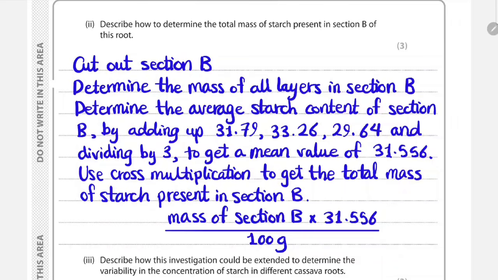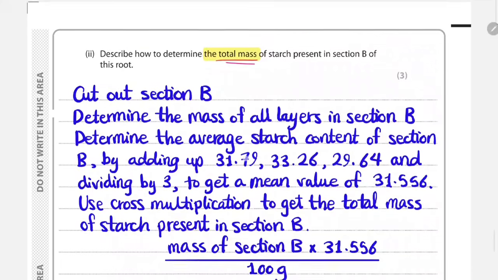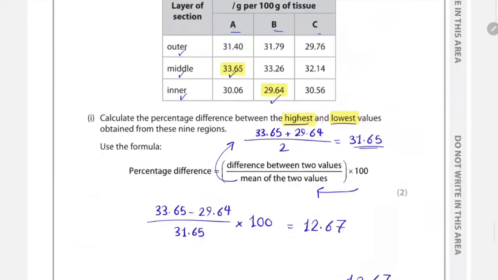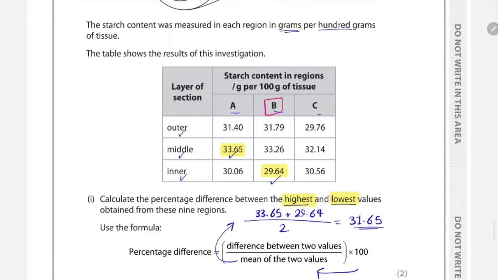Describe how to determine the total mass of starch present in section B of this root. So this question is more about the cross multiplication idea. We need to get the total mass of starch present in section B. So section B has all these starch content masses in grams per 100 grams.